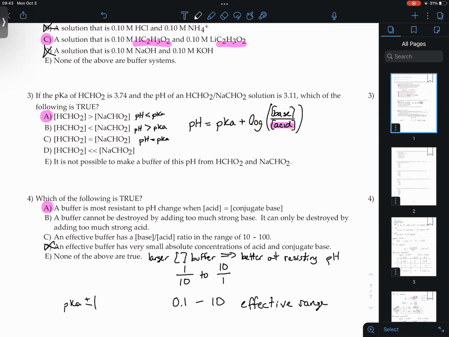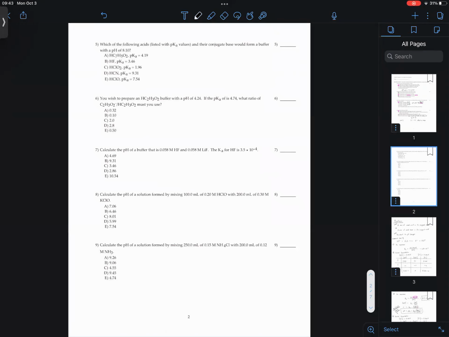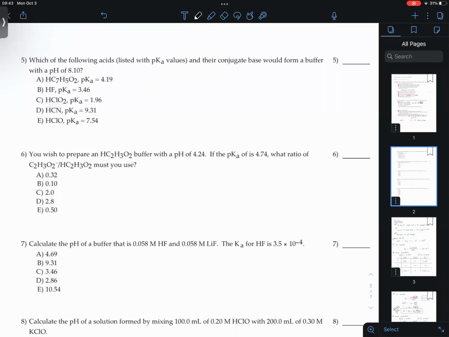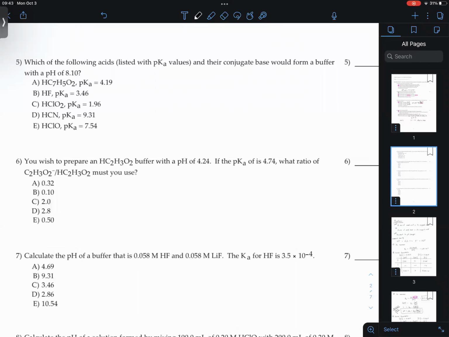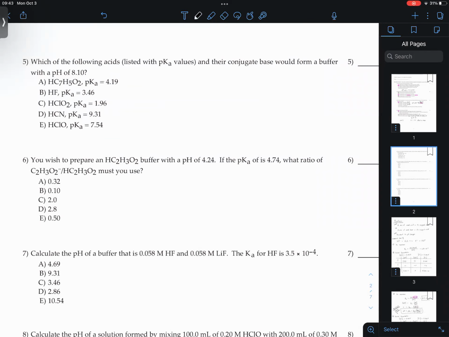All right, so now let's look at these last few ones where we look at things mathematically. Actually, we don't have to do any math for this first one here. So everybody, let's take a second. Which of the following acids with their pKa values listed would be the best at being a buffer for a pH of 8.10? Let's try to do this one quick so we don't run out of time here.